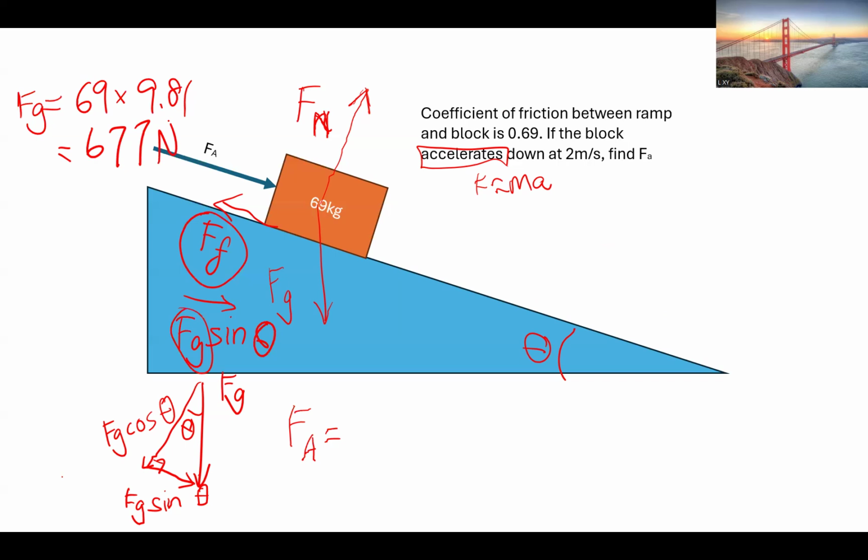And since it is accelerating down, we use the F equals ma formula. The net force is its mass, 69, times 2 meters per second squared, which gives us 138 newtons.